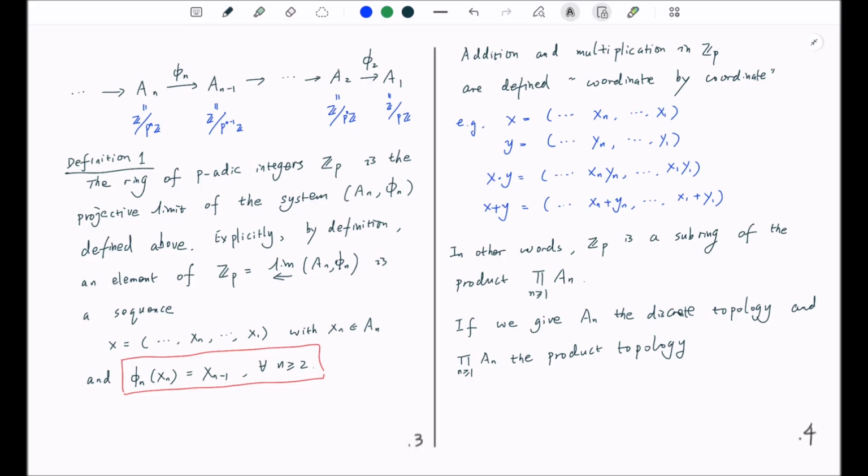And now by the Tychonoff theorem, we know that any product of compact spaces is always compact. So this product of the A_n's is always compact.